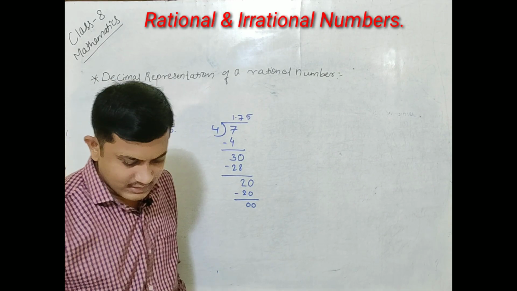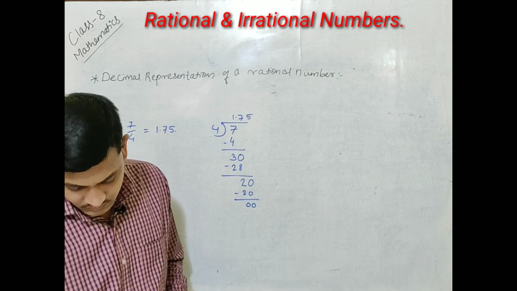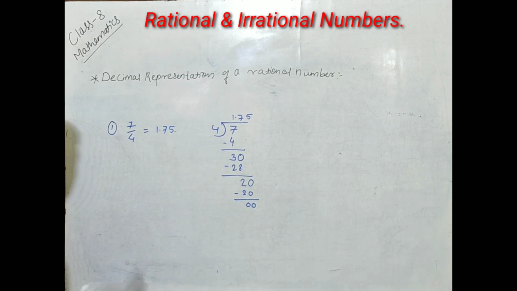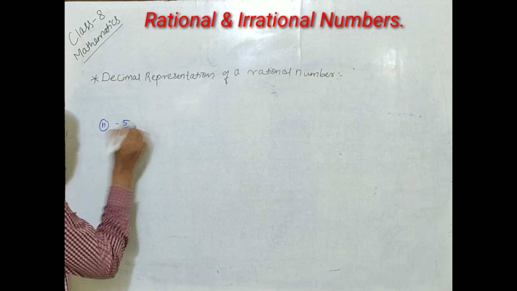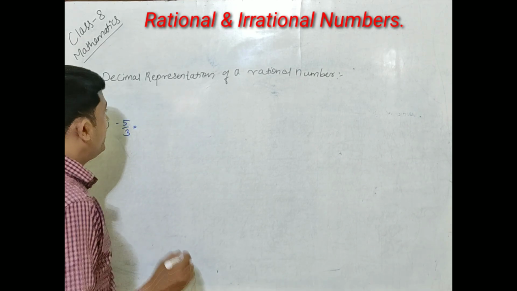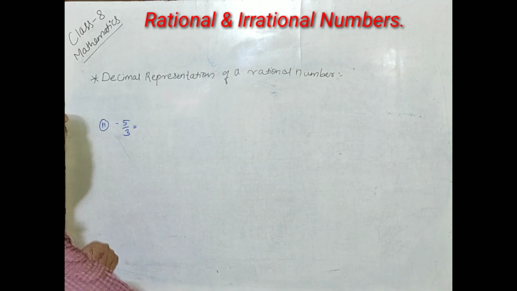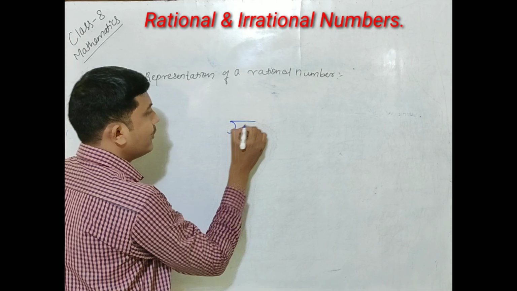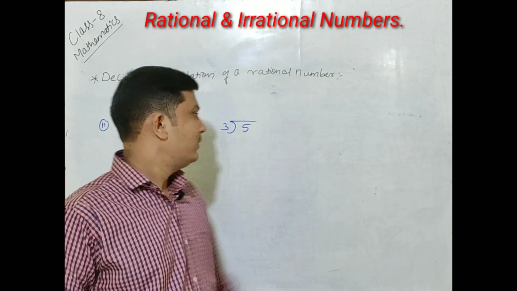Next, we will see another example. Minus 5 upon 3. If we divide, a minus sign comes. So, what we do? Generally, divide 5 by 3, and whatever the result comes, give it a negative sign.